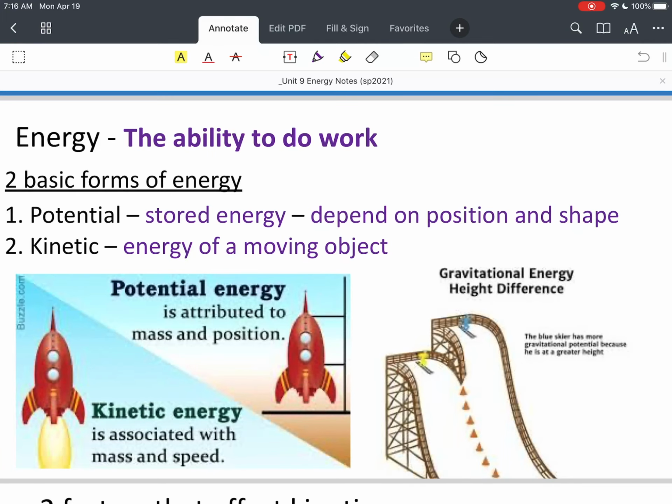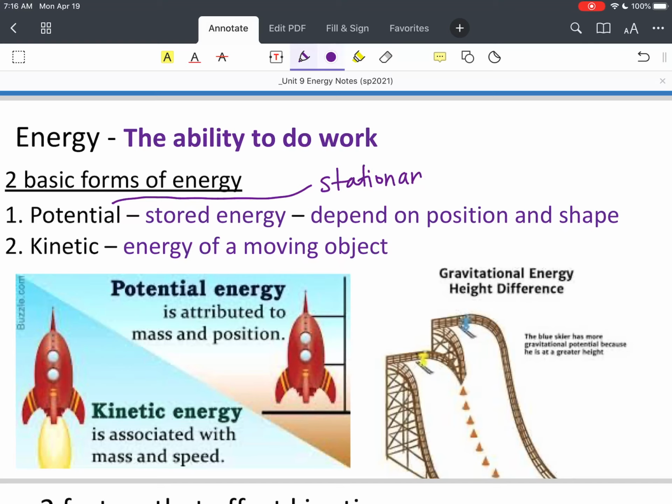Whereas at the top of the ramp, when the skater wasn't moving as fast, his potential energy was higher. So usually we can think of potential as stationary, when you're not moving, and kinetic is when we're moving, okay?